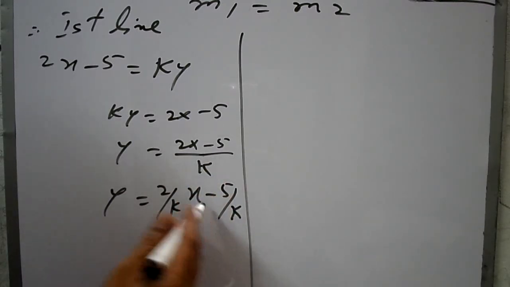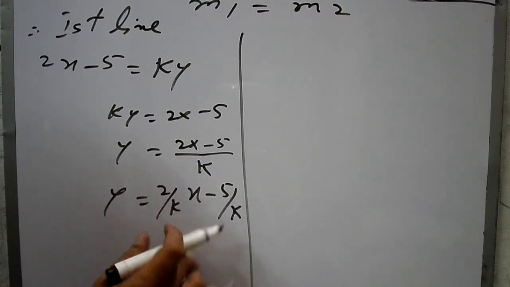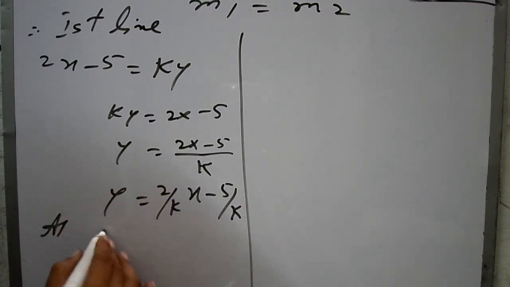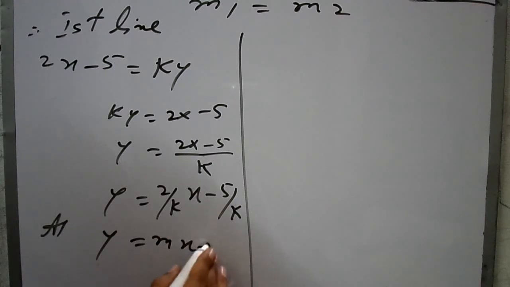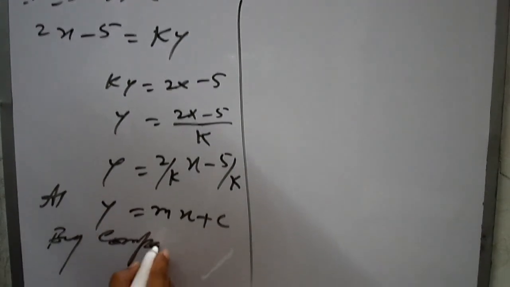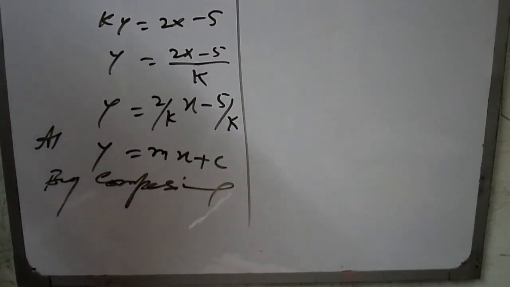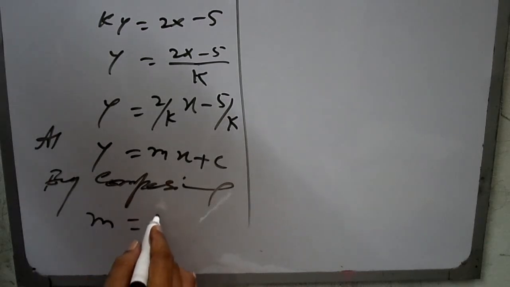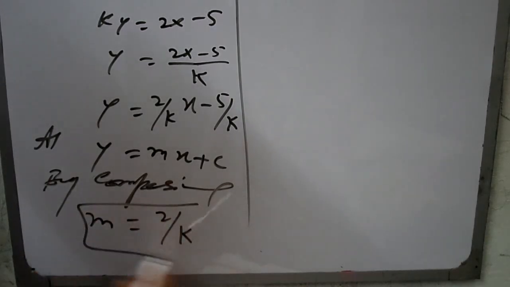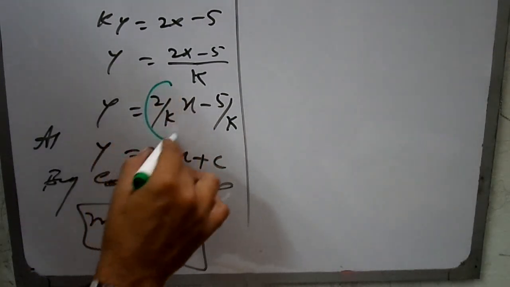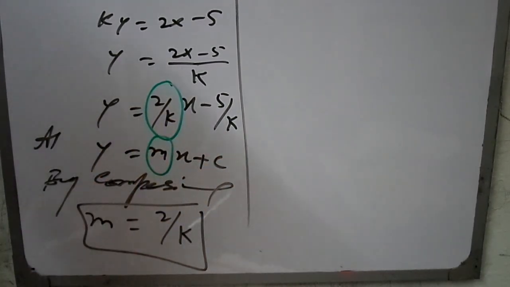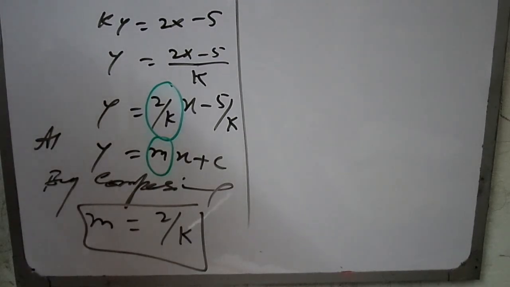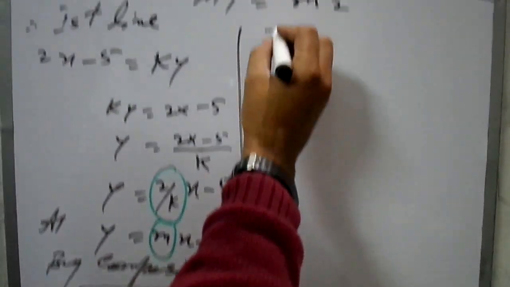So after comparing this equation, you will get this, because we have the basic equation y is equal to mx plus c. So by comparing, we can say that the slope is equal to 2 by k, because by comparing you will get this one, both are equal.